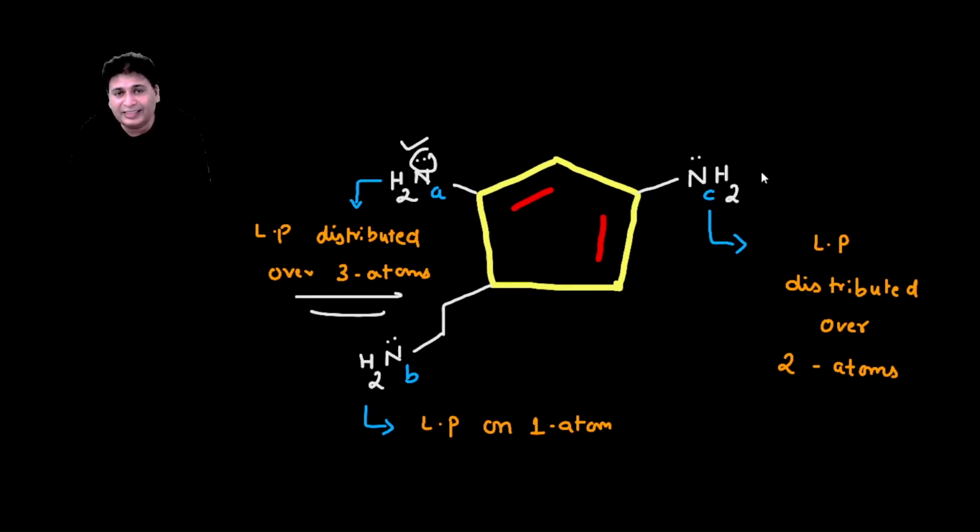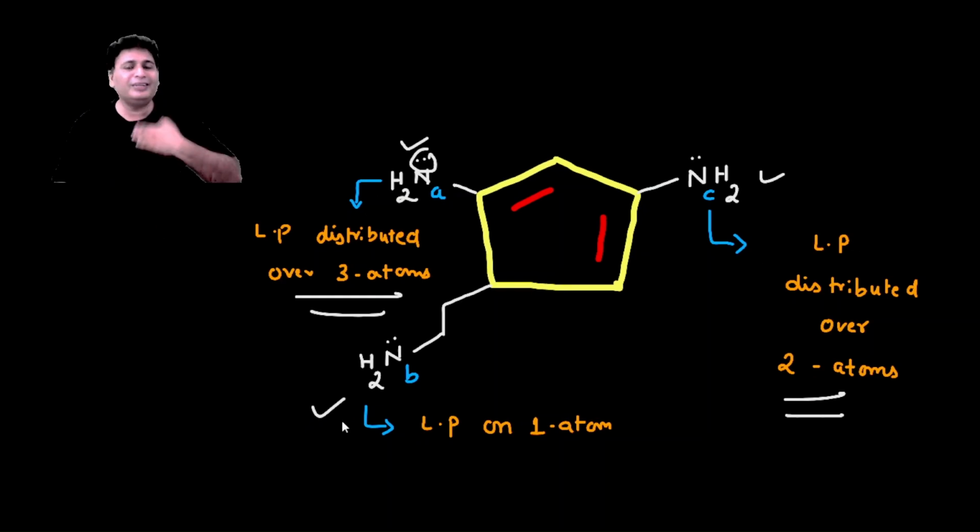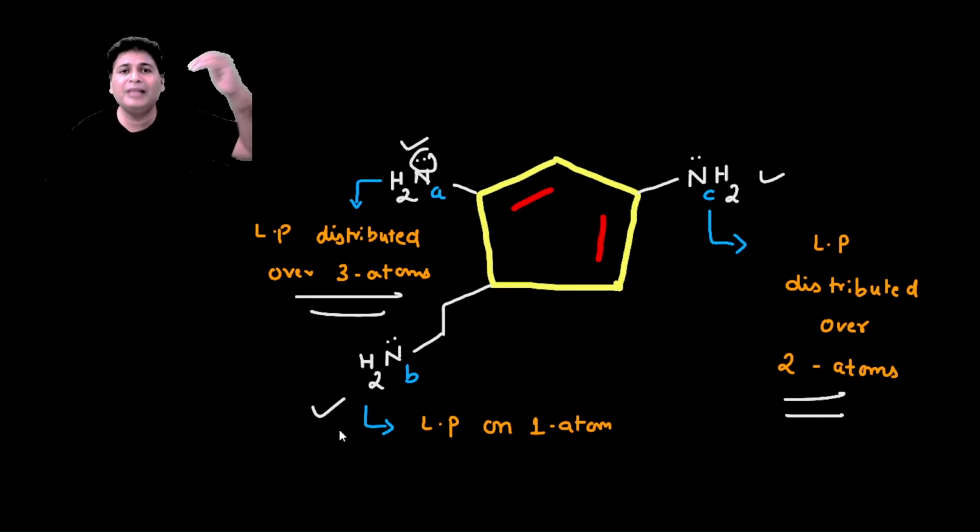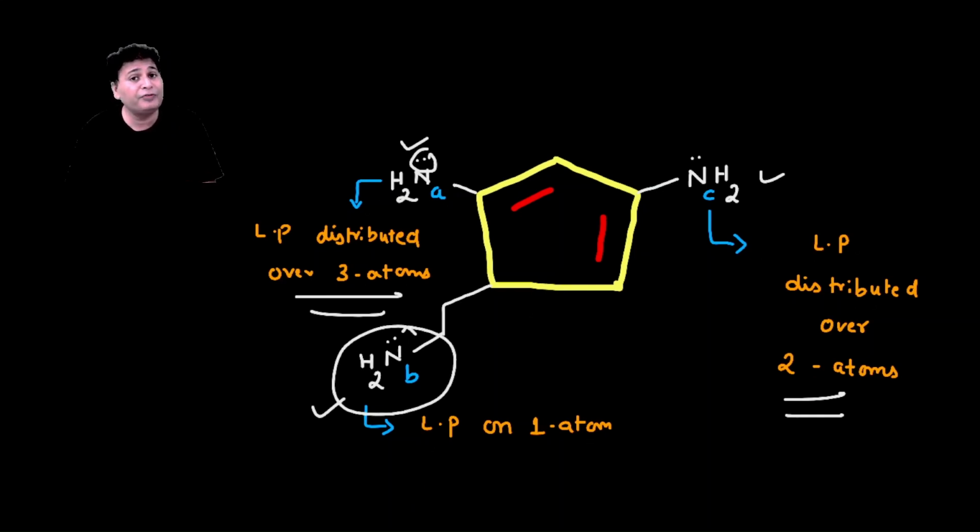In the case of C, the lone pair was distributed over 2 atoms, and in the case of B, only a single atom. So you understand, the more you disperse the lone pair, the more you share the lone pair amongst the atoms, the lower will be the availability on a single atom. On that ground, now you can say that the most available is going to be B, and therefore it can give the most. So the basicity of B will be the most.